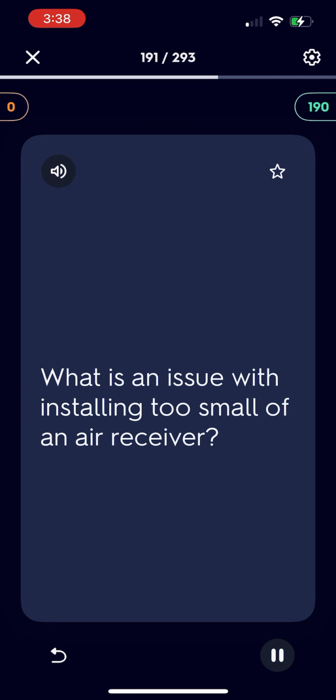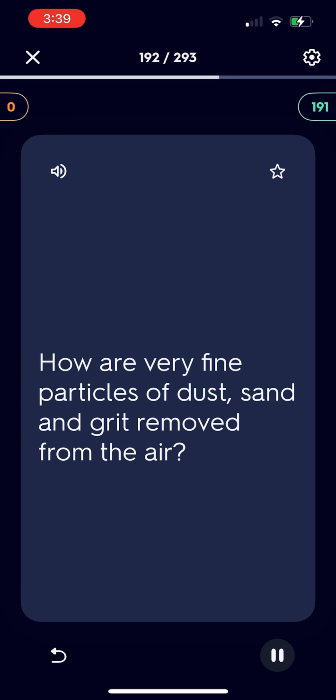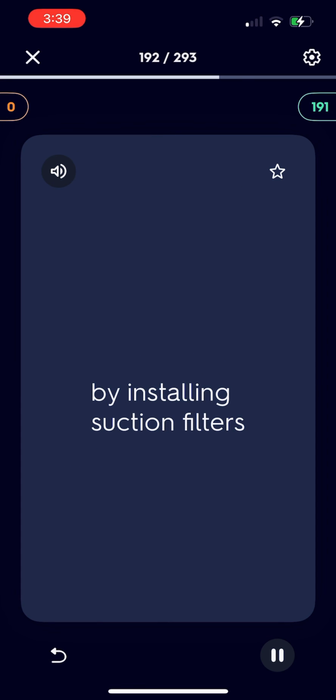What is an issue with installing too small of an air receiver? Pressure waves increase in magnitude, causing an increase in power consumption. How are very fine particles of dust, sand, and grit removed from the air? By installing suction filters.